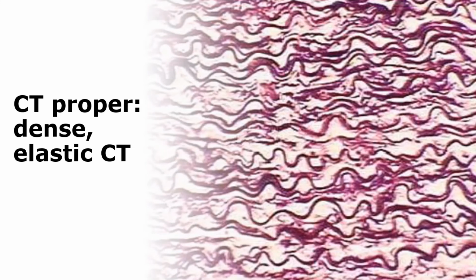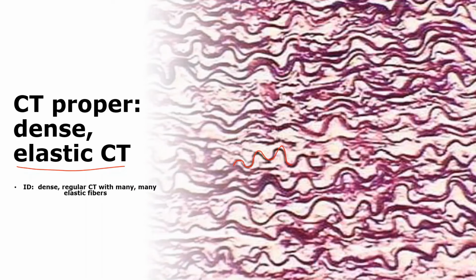All right, new kind, elastic connective tissue. It is dense still, it's not loose, but the giveaway for me, think about an elastic waistband that you have on a pair of gym pants or whatever, and you see these wiggly black snakes.